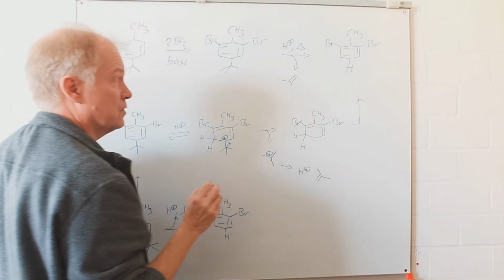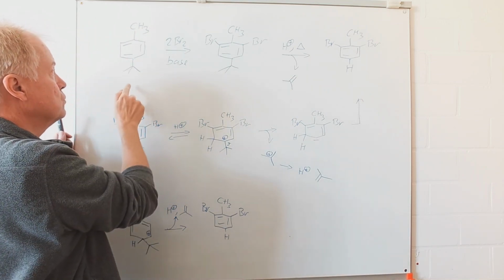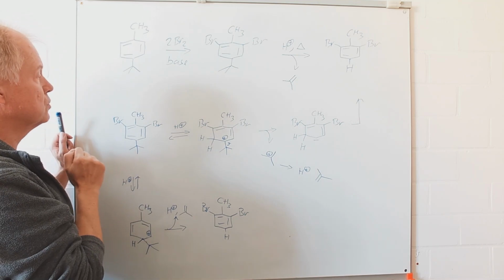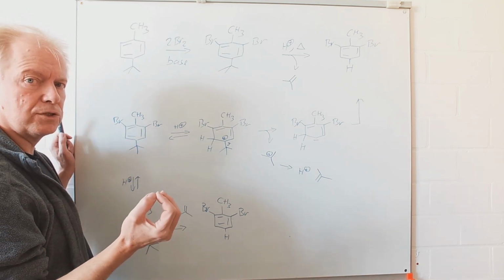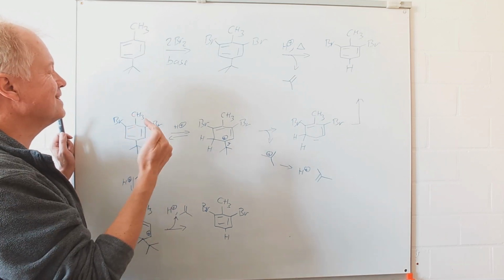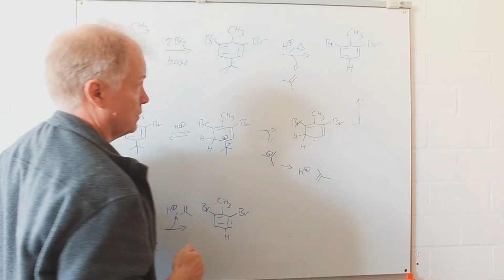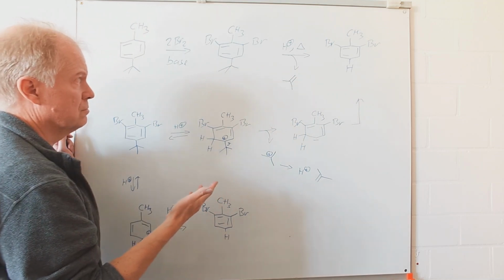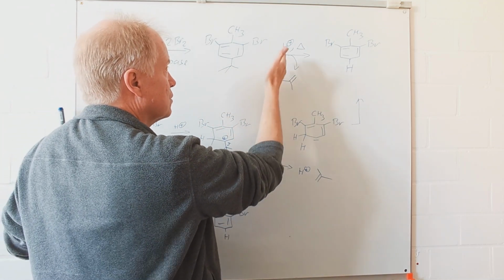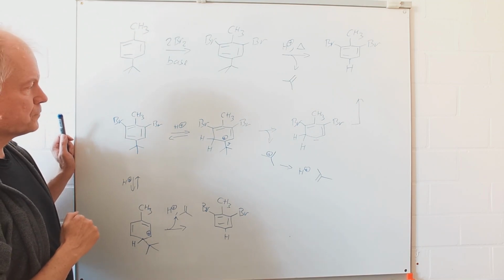To synthesize this is only possible with the blocking group in para position. Well, and for a blocking group it is necessary that you can easily introduce it and easily get rid of it. Now the question is, what is the mechanism of this acidic driven elimination of isobutene?